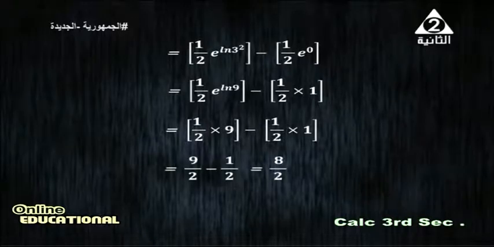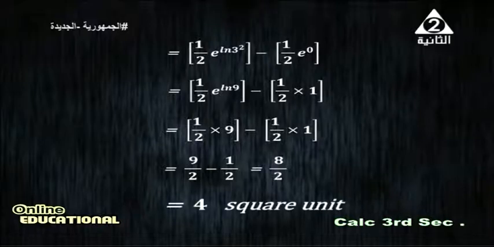Then the integration equals 9 over 2 minus half equals 8 over 2, which equals 4. Then the area of the region bounded by the curve of the function e to the power 2x and the x-axis from x equals 0 to x equals ln 3 equals 4 square units.